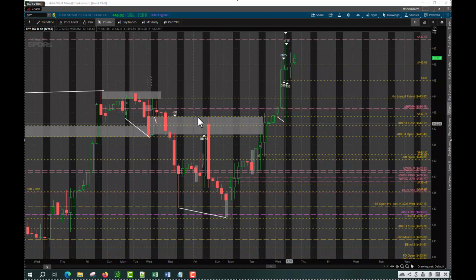But this is a bullish breaker right there, so we know it's a bullish breaker. Remember the breaker and the fair value gap are more reliable, have higher probability than the order block.